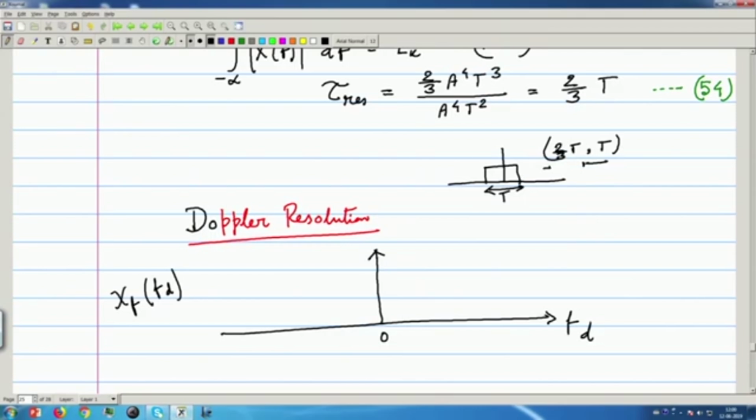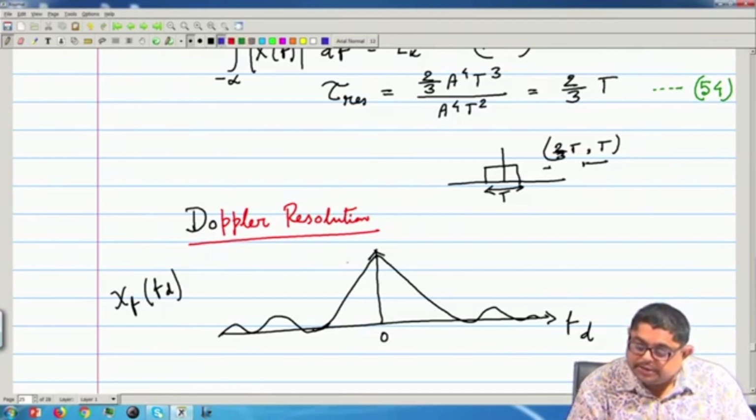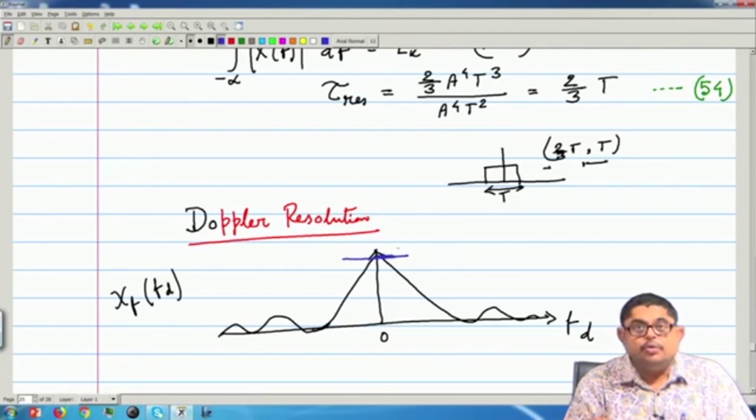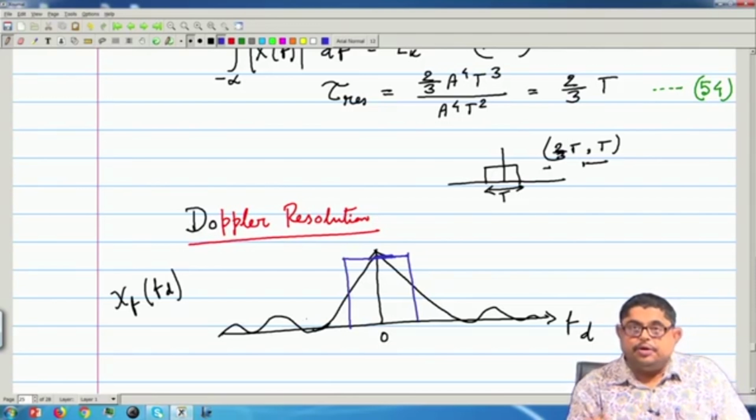So, again in general it will have some arbitrary shape, and to put that equivalence we will put a rectangular function here with the peak, and the energy of the two will be constant.